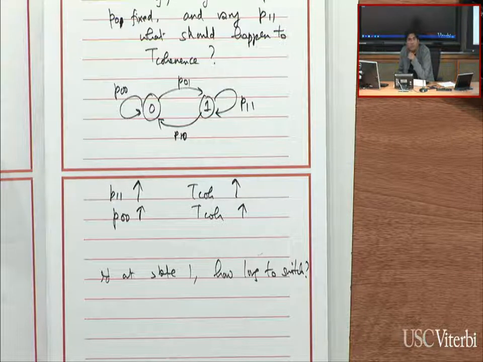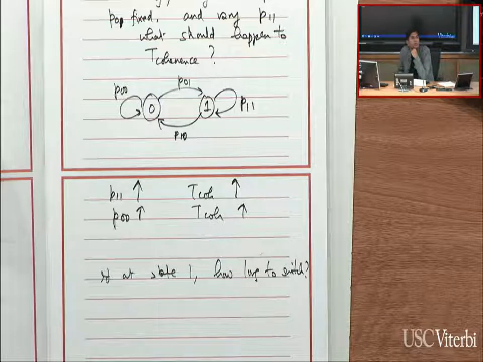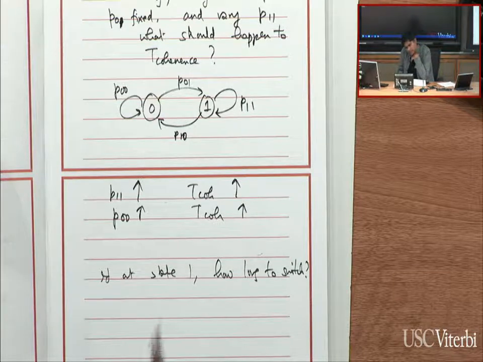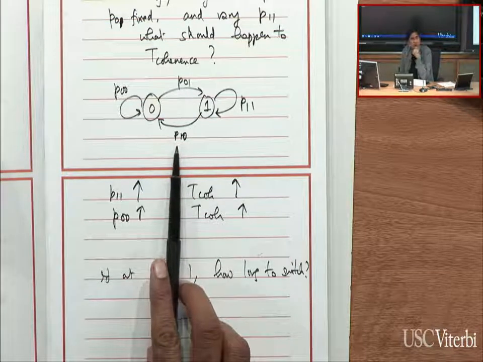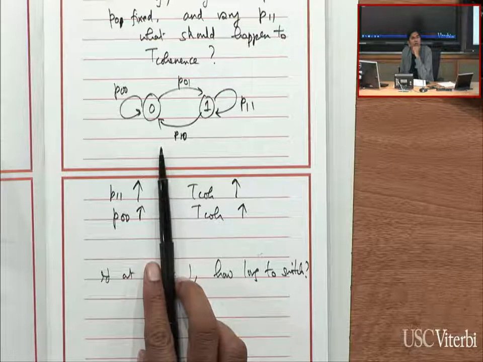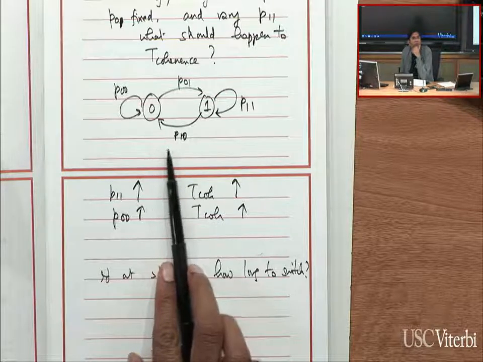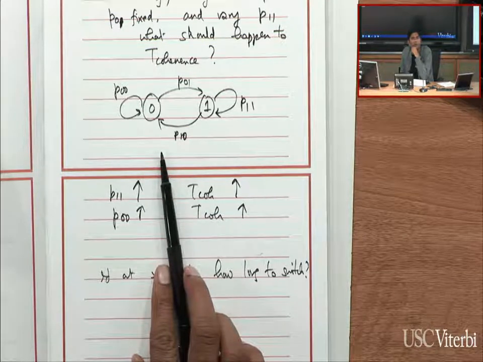With probability P10, I switch. How long will it take me to switch? What does this problem remind you of? Is it the expected value of what? Of a certain random variable with this parameter. What type of random variable? It's like a coin toss, right?